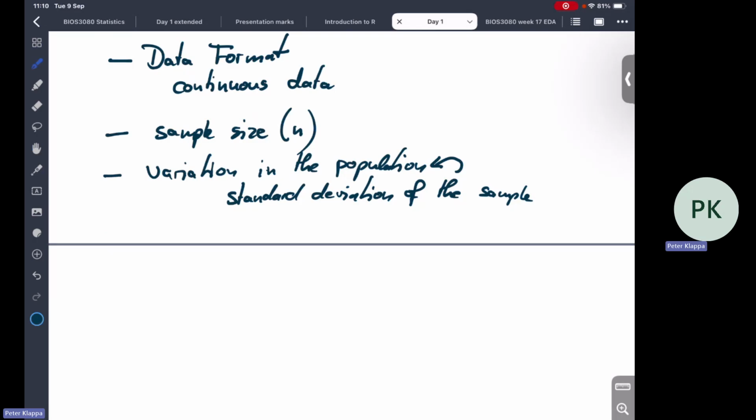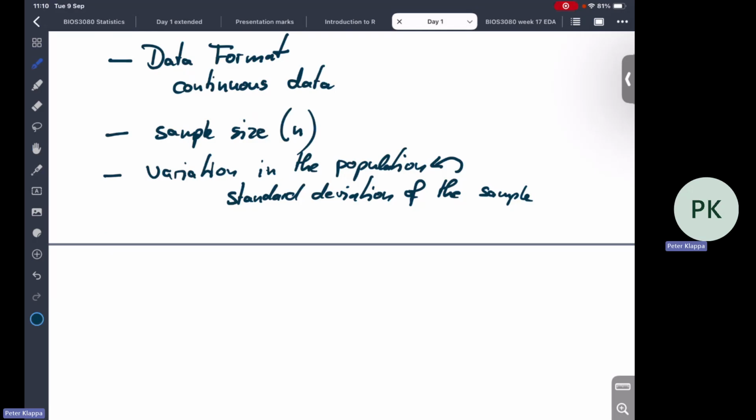And I told you the true population standard deviation would be sigma, because it's a parameter and it's a Greek letter. So we need to come up with a different symbol for the standard deviation of the sample. So we take our data and try to estimate the true population standard deviation.